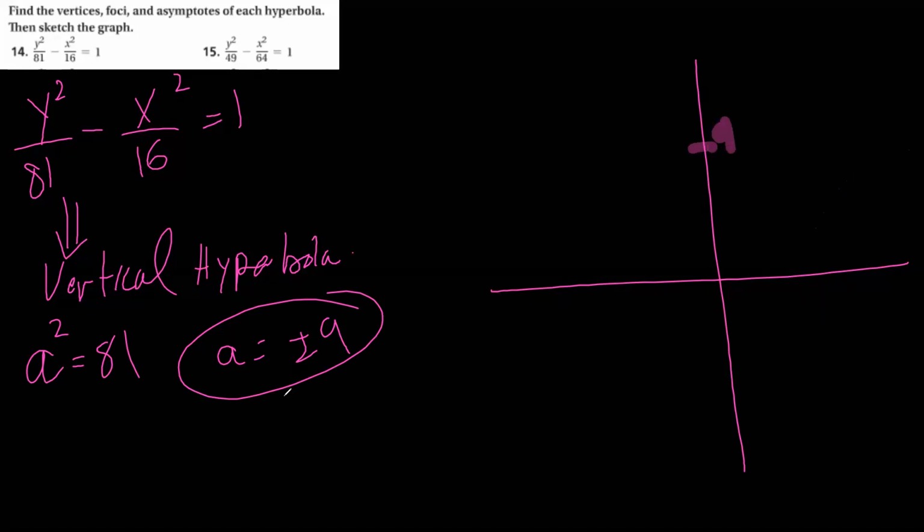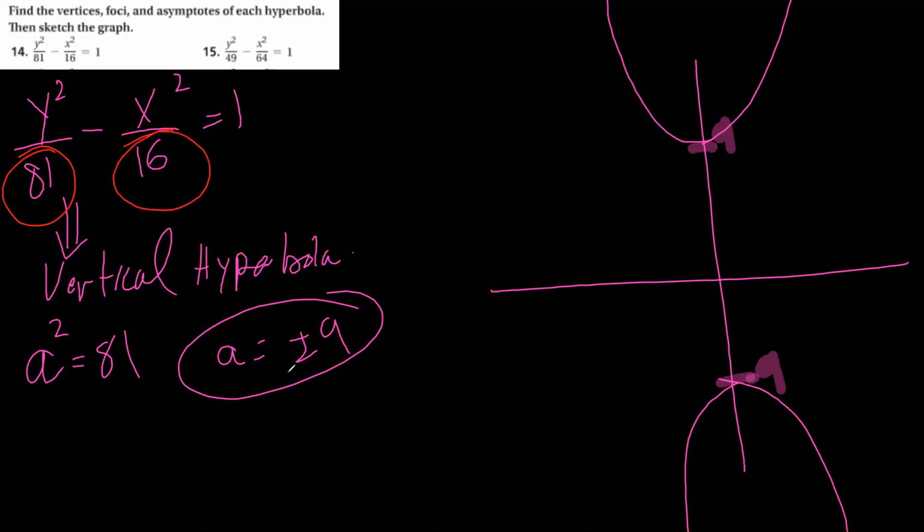Here is 9, and here is negative 9. So because of that, this is the value of a.